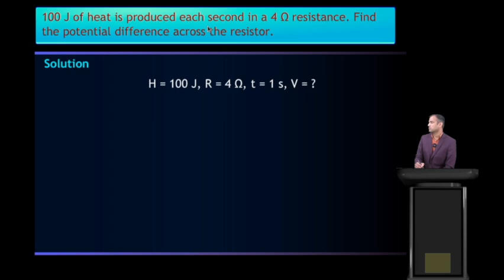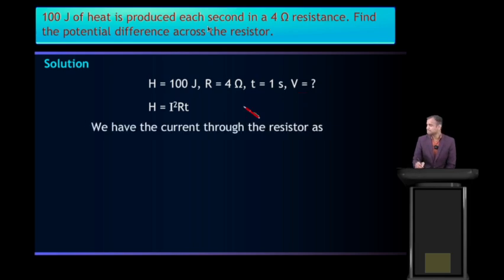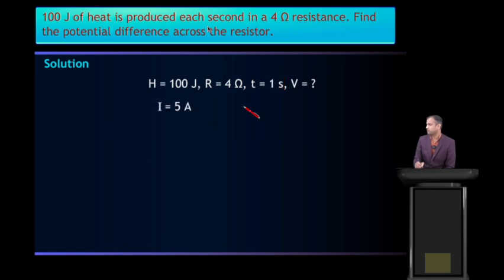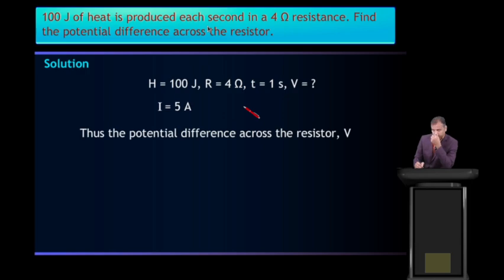So use the formula H equals I square RT, but we have to find V also, so you can use this formula also, V square over RT. So from here we can find current also. This is 100 upon 4, which is 25, so I is 5 ampere, and by using Ohm's law we can find voltage.